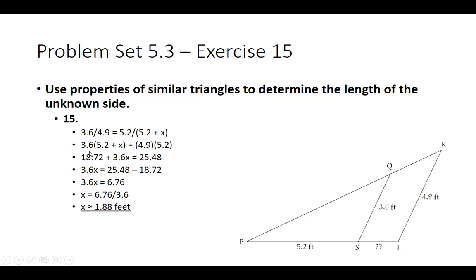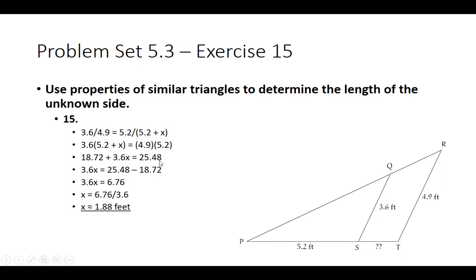Distribute the 3.6. 3.6 times 5.2 is 18.72. 3.6 times x is 3.6x. And then 4.9 times 5.2 is 25.48.